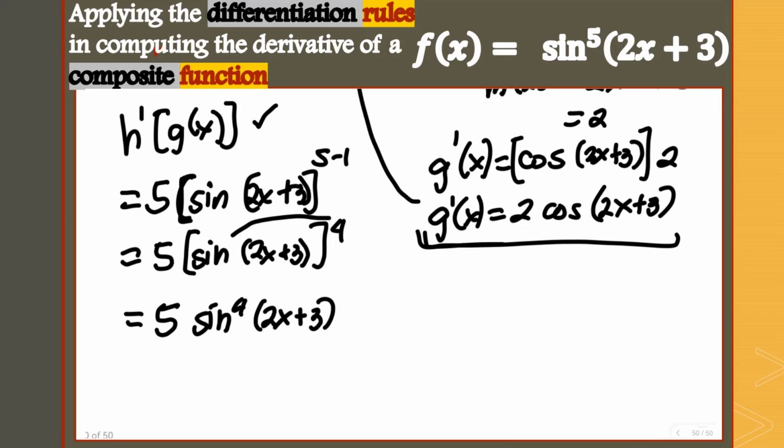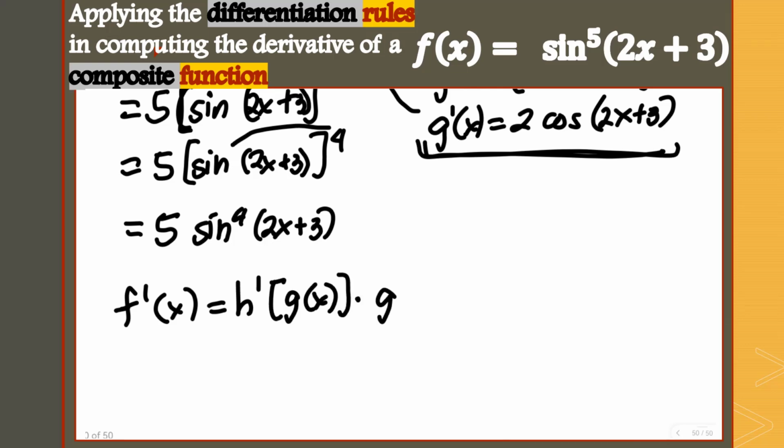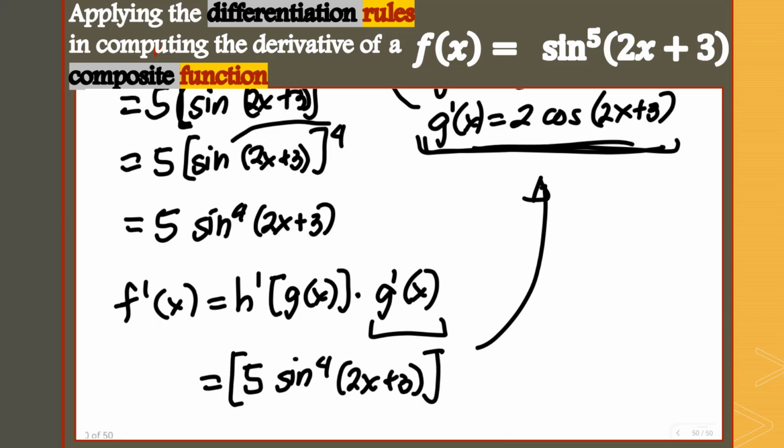And since we already have this, we can now determine the final result for the derivative of the entire function. We have h prime g of x times g prime of x, where this is again another chain rule. We're already done with that. So the final answer here is 5 sine to the power of 4 of angle 2x plus 3 times, you will have this, 2 cosine of the angle 2x plus 3.